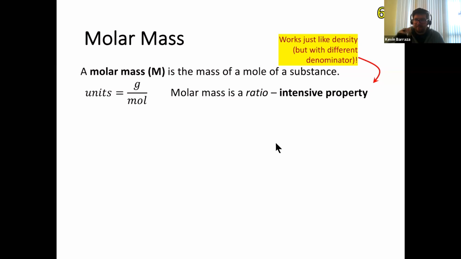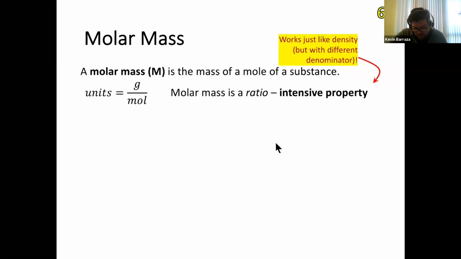A cup of water and a swimming pool of water, it doesn't matter that their sizes are different. The molar mass of water is just a single constant number. That's what intensive property means. And the same thing goes with density, remember. If I'm measuring a cup of water versus a swimming pool of water, it's always going to be the same ratio, the same number.